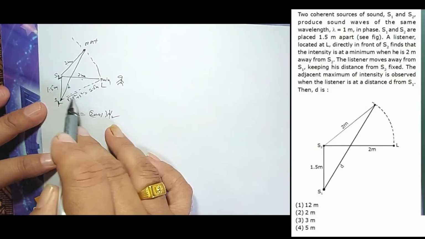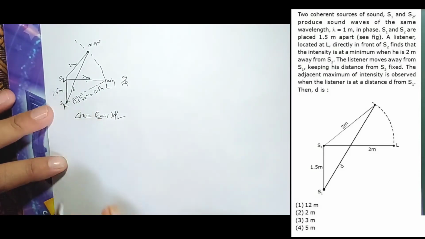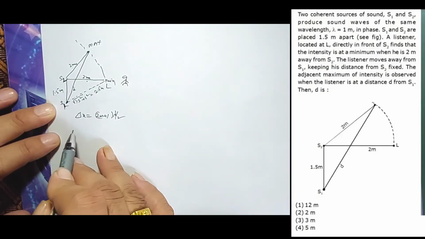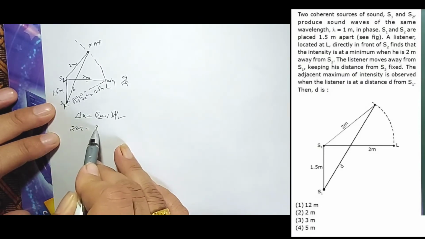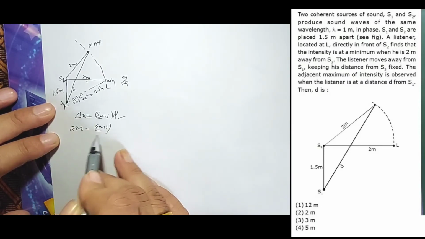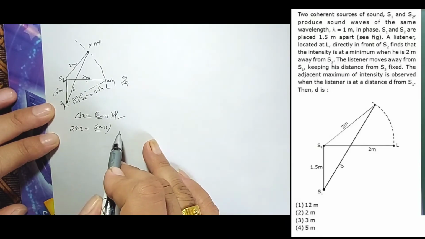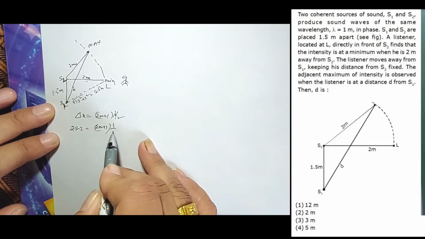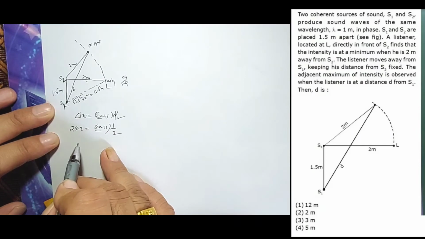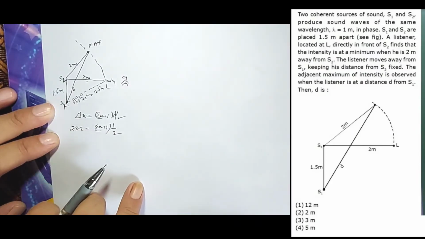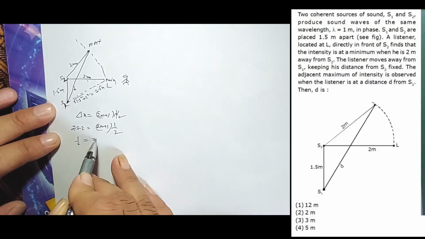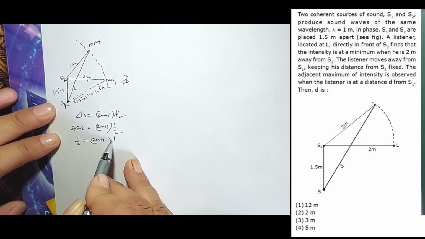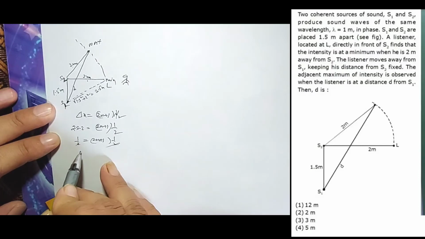So, the path difference between waves coming from S1 and S2 is equal to 2.5 minus 2, which is equal to (2n plus 1) into lambda by 2, where the wavelength is 1. So 0.5 is equal to (2n plus 1) into 1 by 2. 2 cancels.